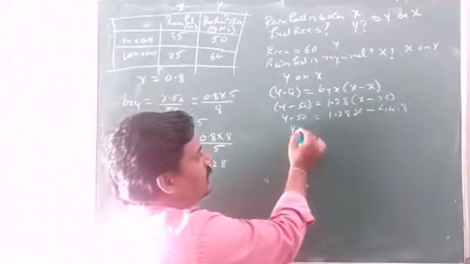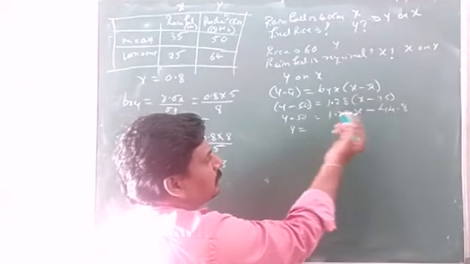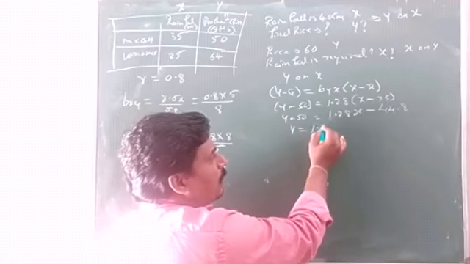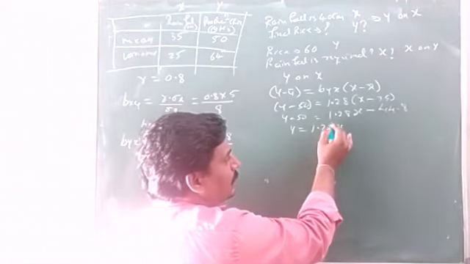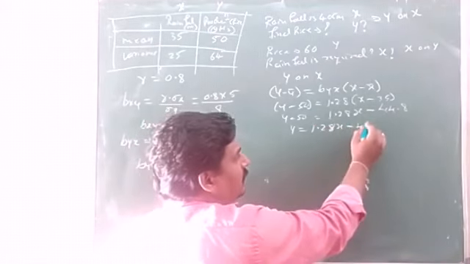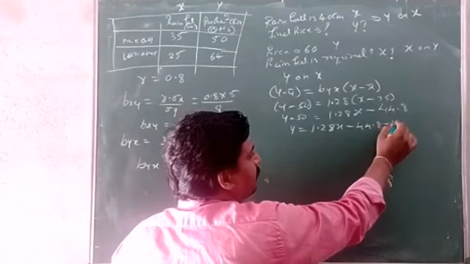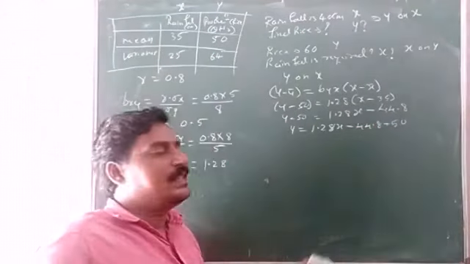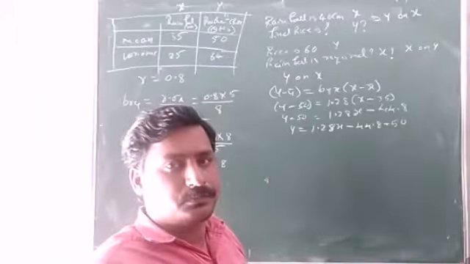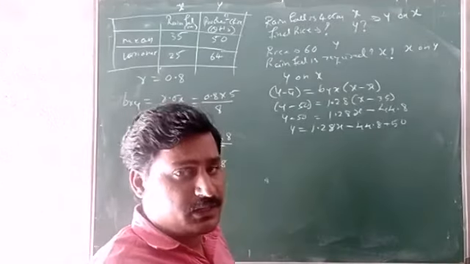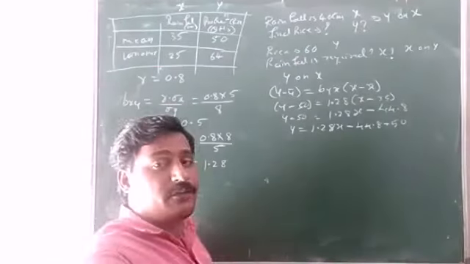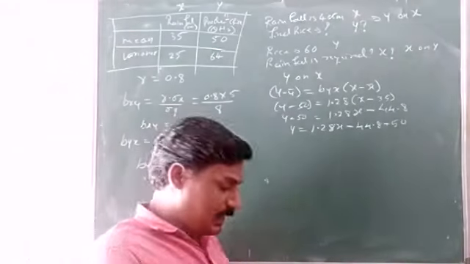So y is equal to minus 50 becomes plus 50 there. 1.28x minus 44.8 plus 50. So again there is an opposite sign here. Deduct them from each other and put the sign of the bigger number, that is positive.